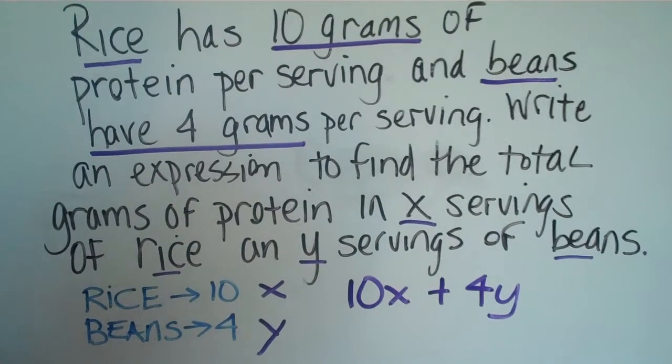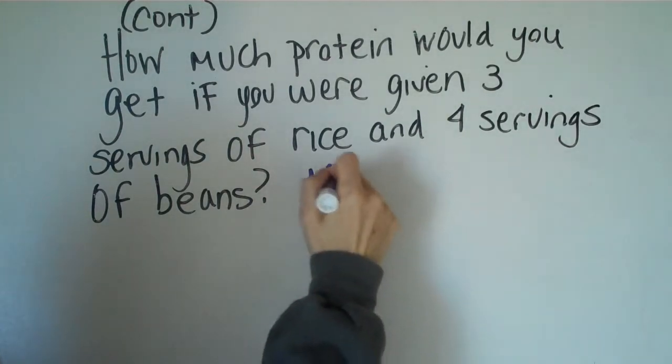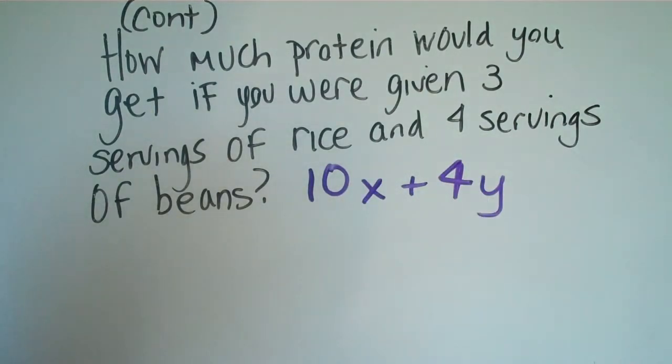Okay, so let's say the problem continues. We already set up this 10X plus 4Y, right? And the problem continues to say, how much protein would you get if you were given 3 servings of rice and 4 servings of beans?